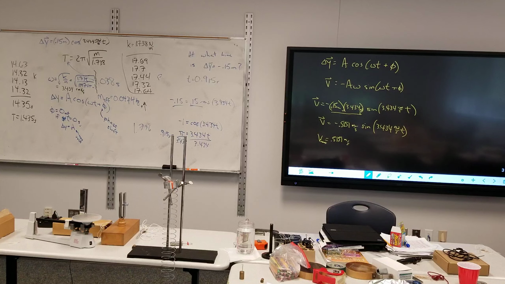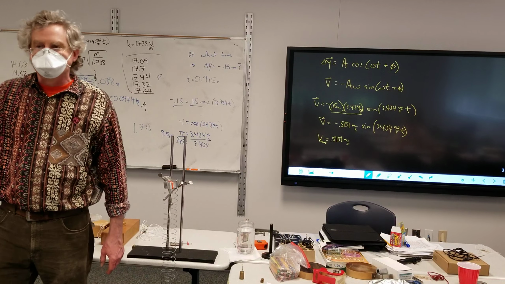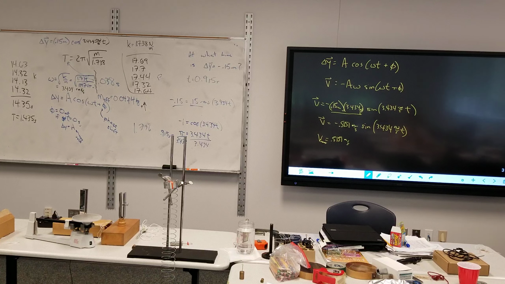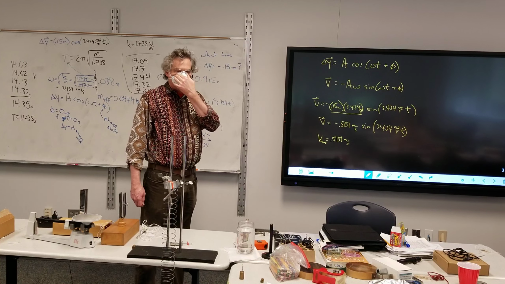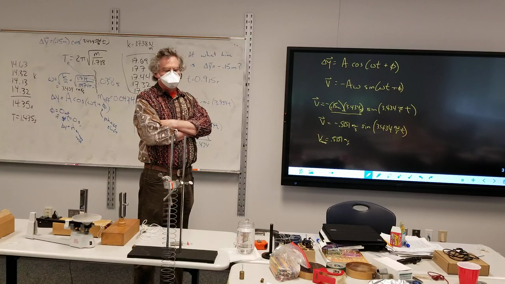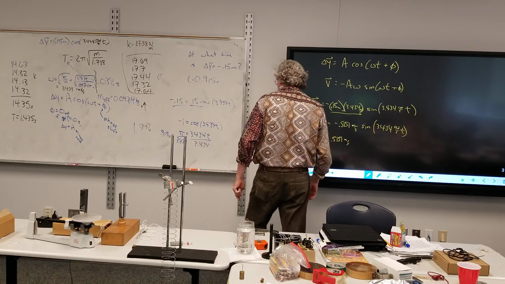But I have this thing oscillating up and down, and the forces acting on it are the spring force and the gravitational force. What is special about gravitational force and spring force? They're conservative. Yes. So we should be able to also solve this with energy conservation.